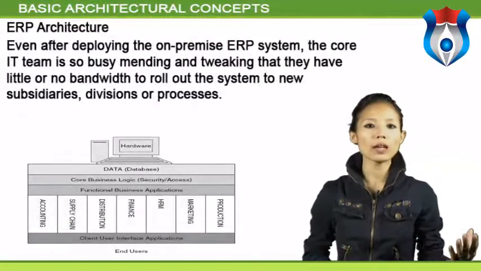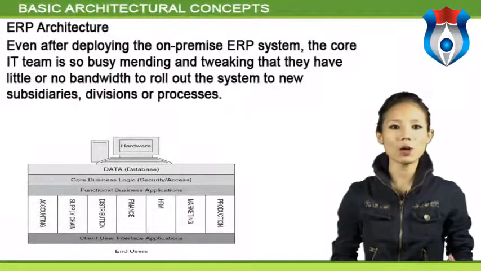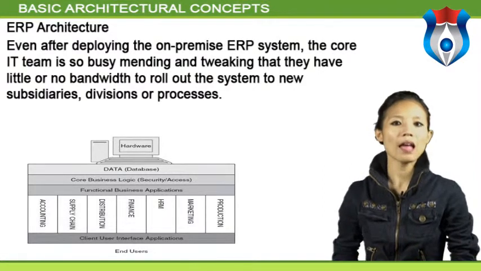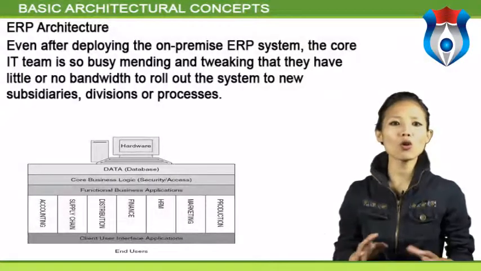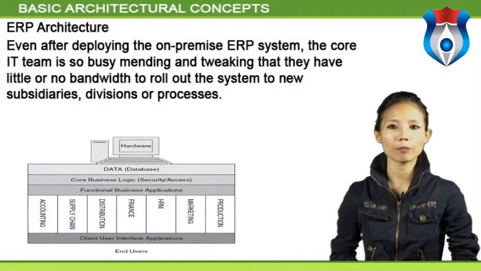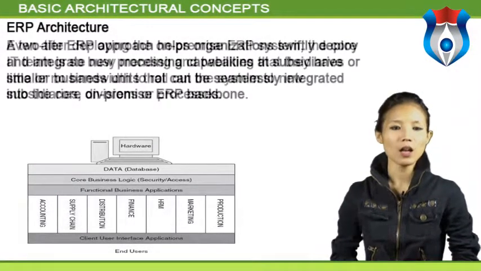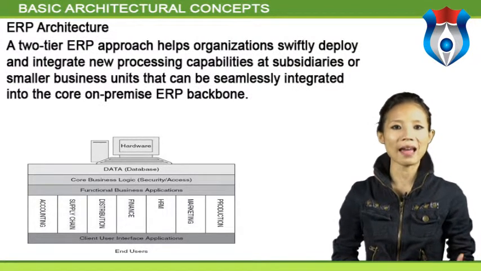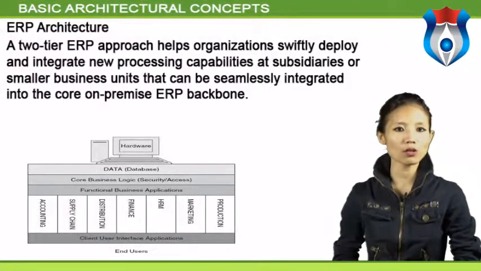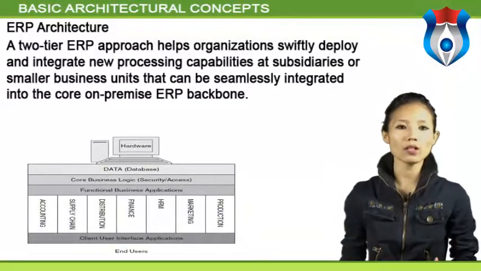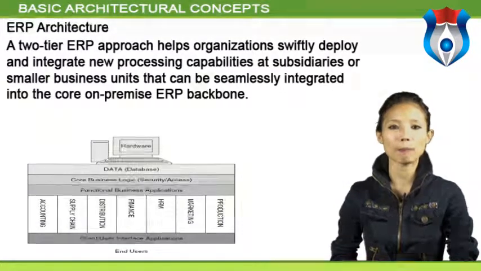Even after deploying the on-premise ERP system, the core IT team is so busy mending and tucking that they have little or no bandwidth to roll out the system to new subsidiaries, divisions, or processes. A two-tier ERP approach helps organizations swiftly deploy and integrate new processing capabilities at subsidiaries or smaller business units that can be seamlessly integrated into the core on-premise ERP backbone.